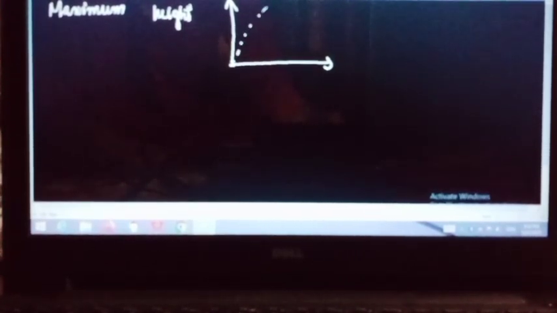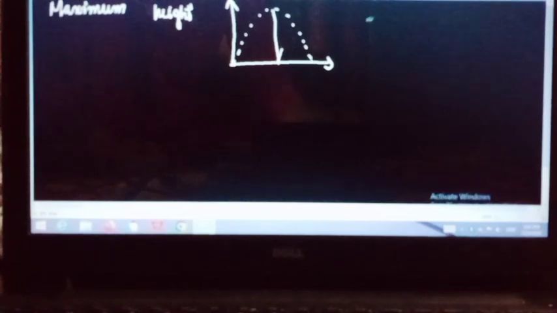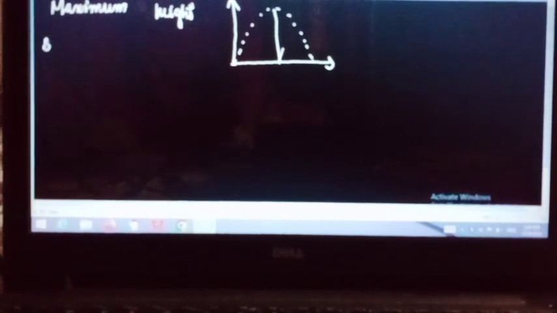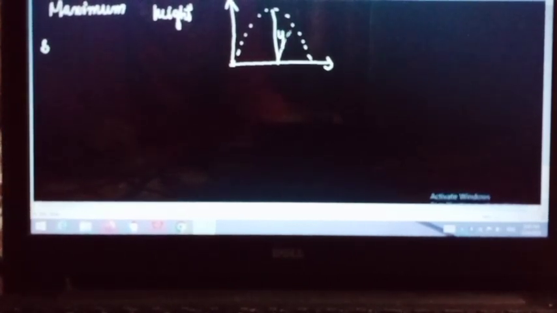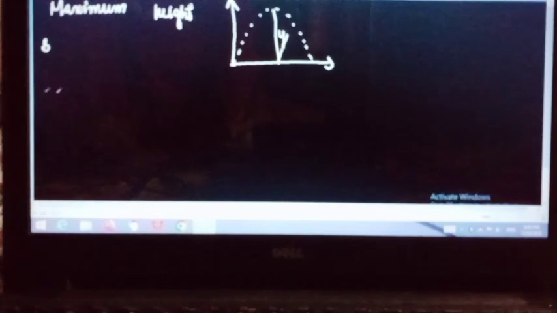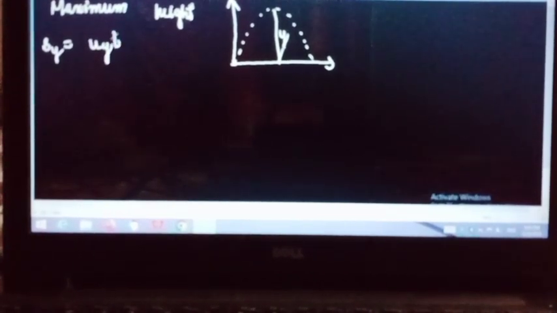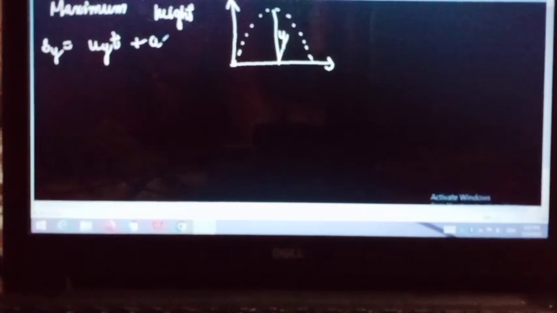As we already know, the maximum height lies on the y-axis, so it is better to use y-axis components, which are uy, vy, etc. So the maximum height is a distance on the y-axis, so I would write sy equals uy t plus half ay t squared.